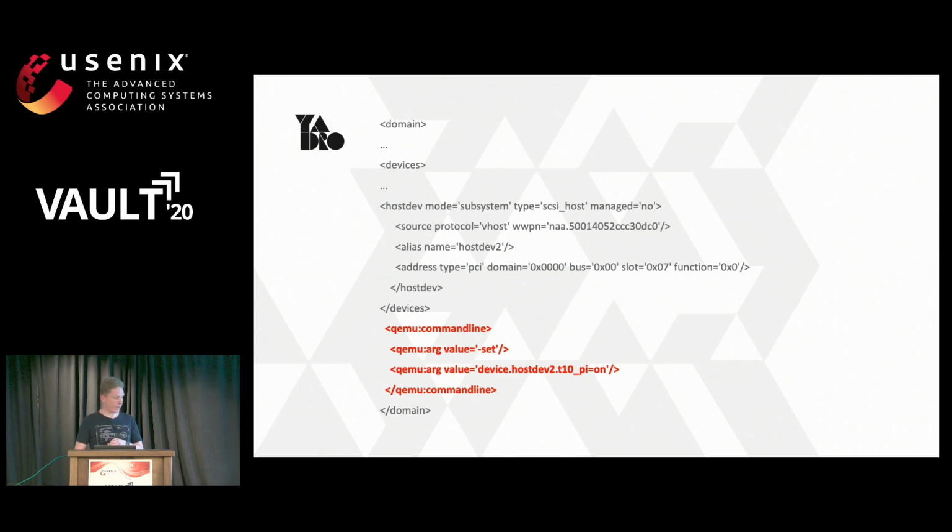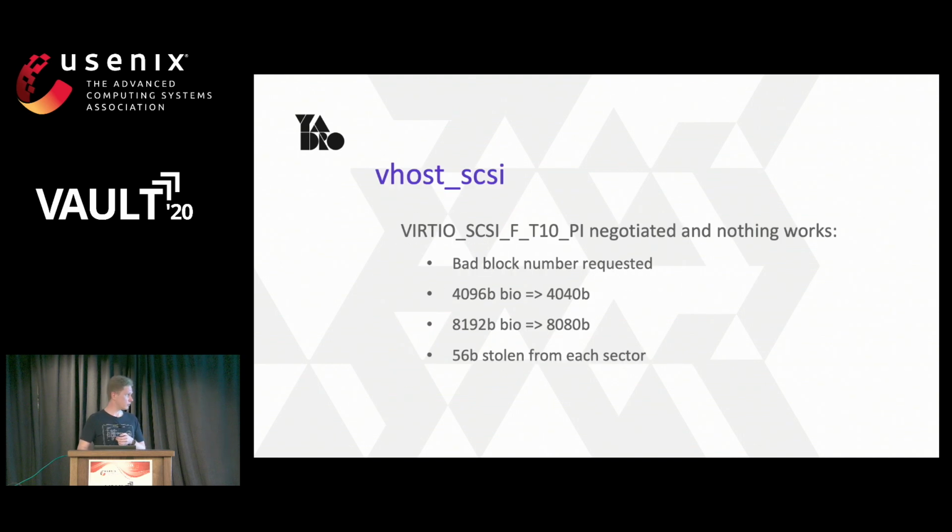And how did we find out that everything works? Again, we have this feature flag negotiated, and we have block integrity detected inside the virtual machine, but again, we got errors on any request we sent to the block device inside the virtual machine. We got a standard error, bad block number requested, which usually happens when there is a misaligned offset or length.